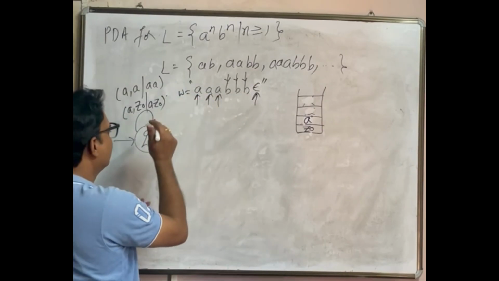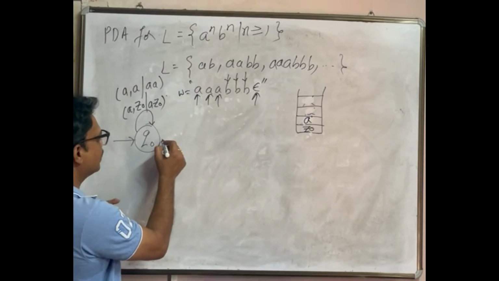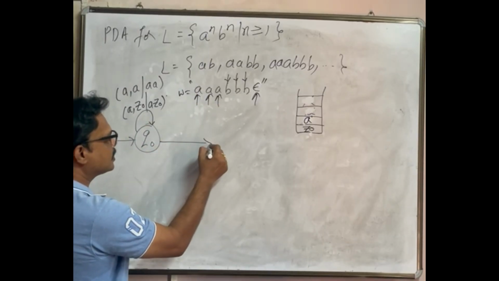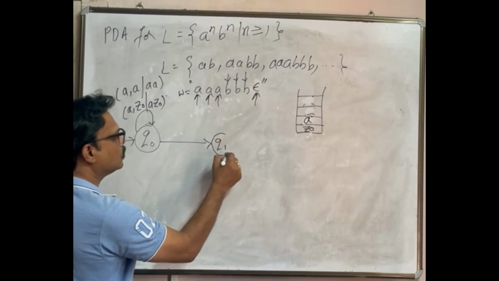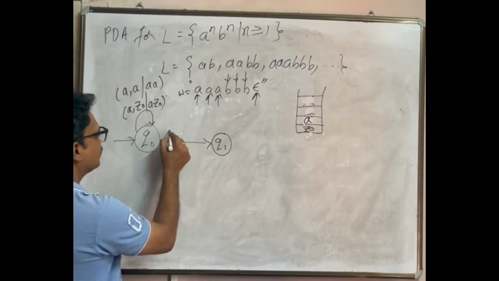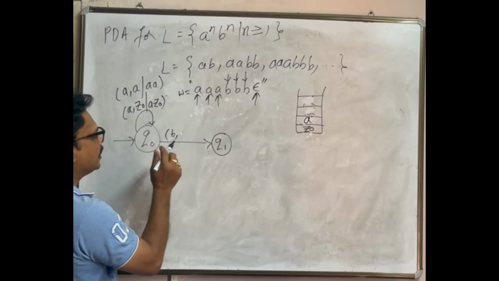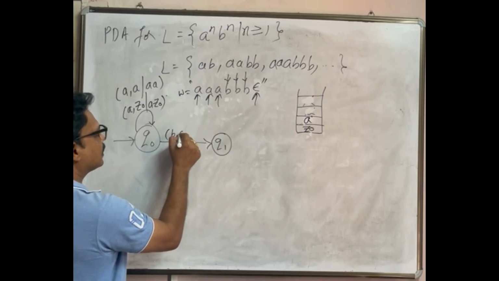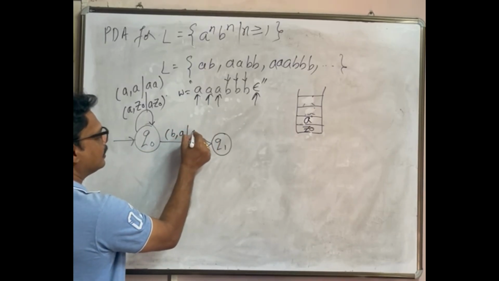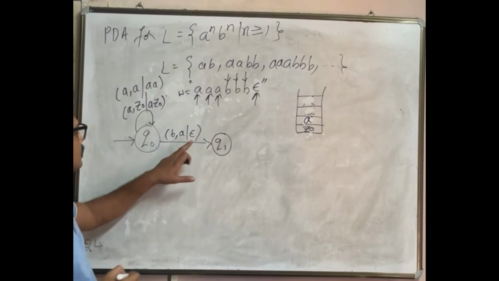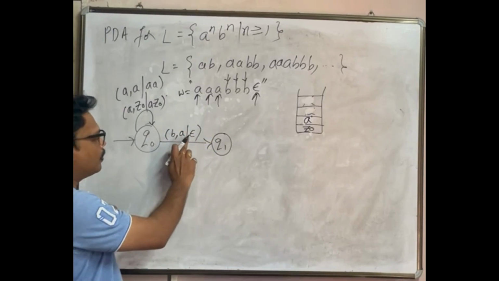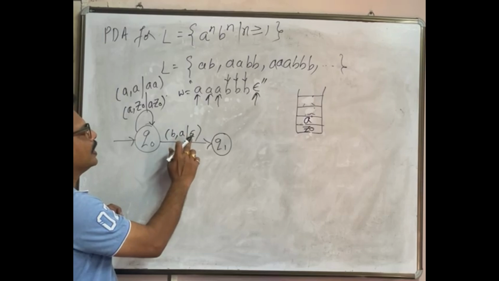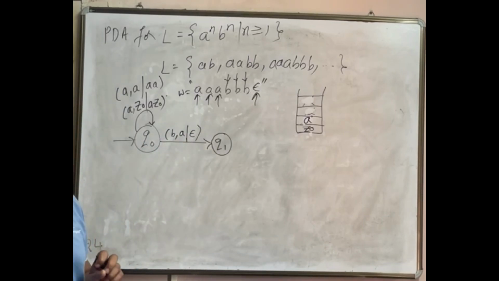Now when all the A's are pushed onto the stack, there comes the turn for dealing with B. When it encounters a B, it changes the state and moves to state Q1. That is, the symbol read is B, on the top of the stack there is an A, and that A is popped. To show the pop operation, the epsilon symbol is used.